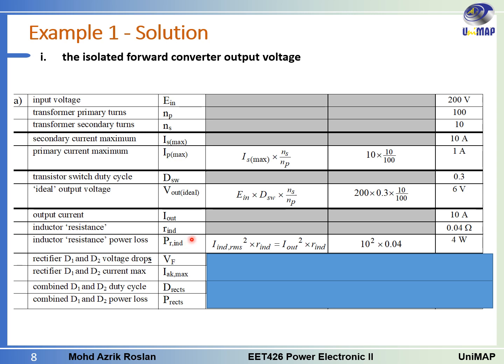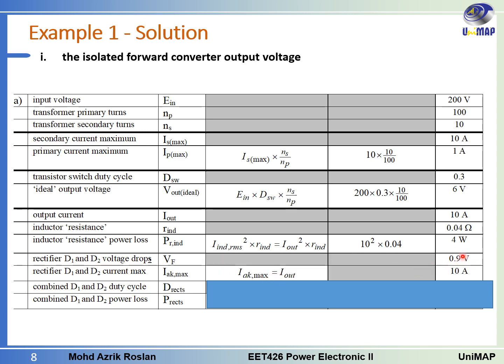When we say the losses related to resistance, you must remember that it is I square R. So we have I inductor RMS square multiplied by R inductor. The I inductor RMS is equal to I out. So I out square multiplied by R inductor, and when you calculate, you will get 4 watt.